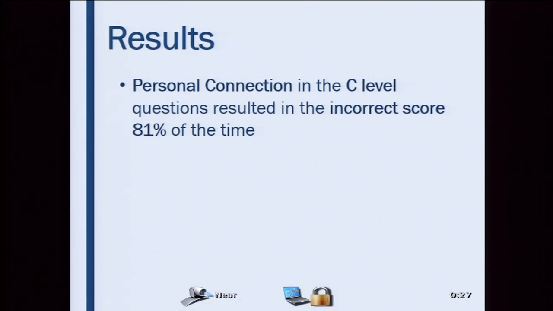We did notice that in the personal connection, although for oral think-alouds, it helped them answer it correctly in all three levels. In the written think-alouds, and specifically the connections level, it was 81% of the time it resulted in an incorrect score.